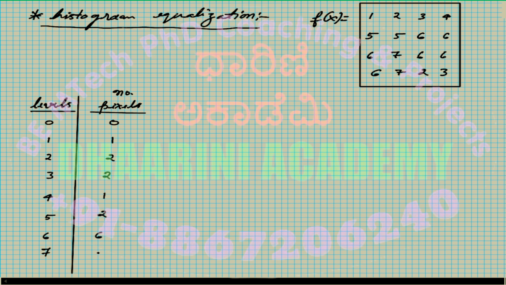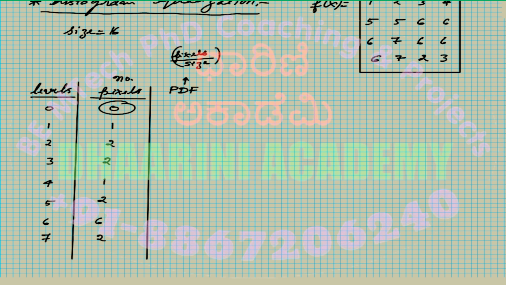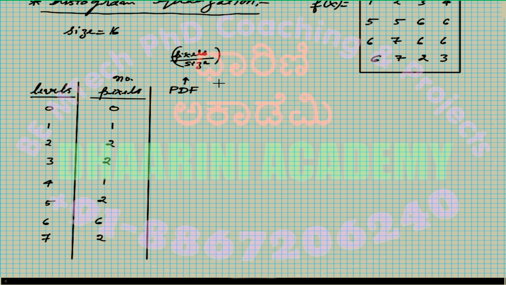So just remember, PDF is the number of pixels divided by the size of the image, right? In this particular problem the size is equal to 16 because there are 16 pixels. So every pixel count that I have here should be divided by 16 to fill the next column. All right, let's do that.